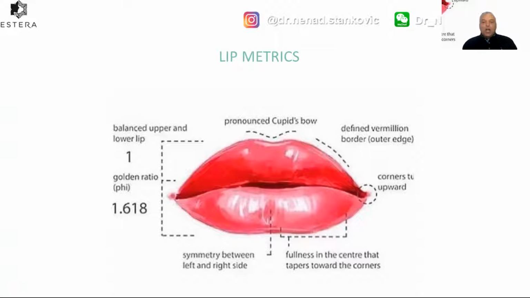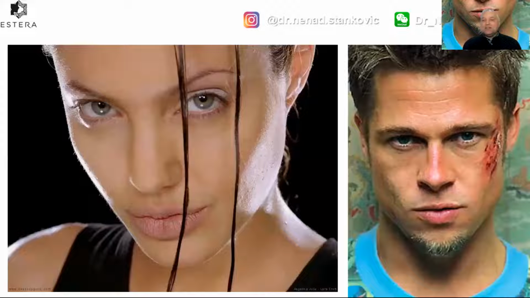But if we look at some other very famous actors and people, we can see here Angelina Jolie, who actually has 1 of the upper lip to 2 of the lower lip, meaning that her lower lip is 2 times bigger than her upper lip.